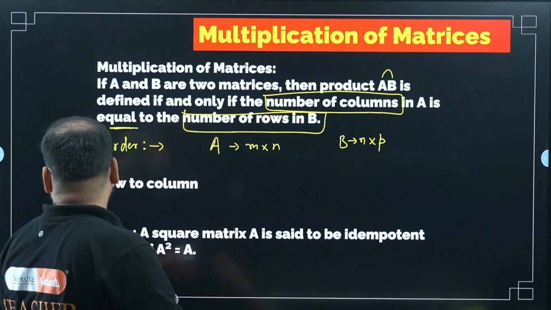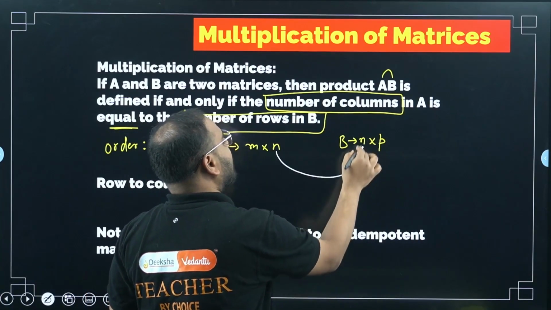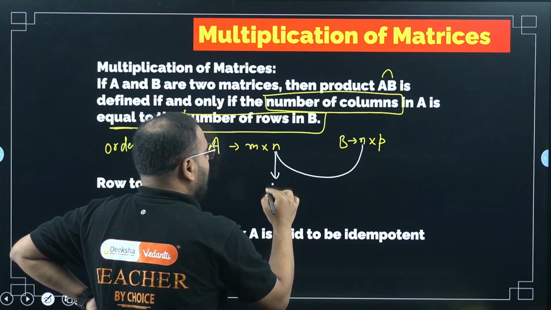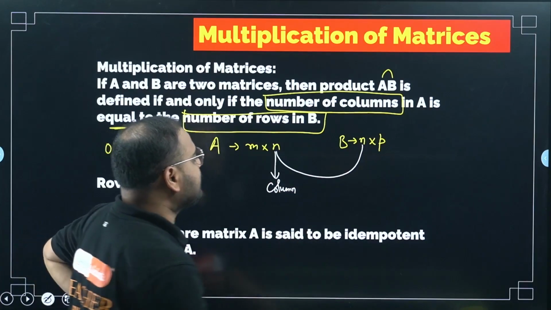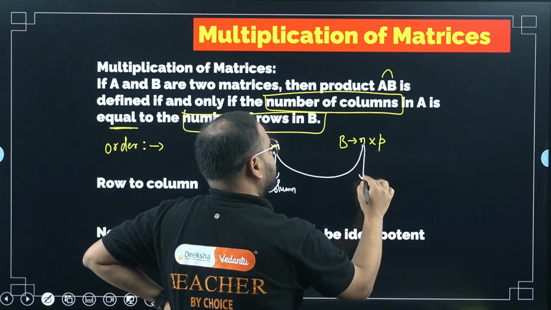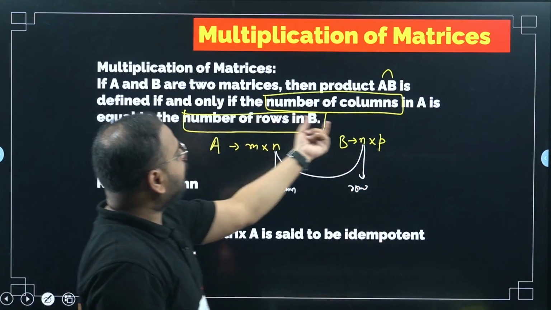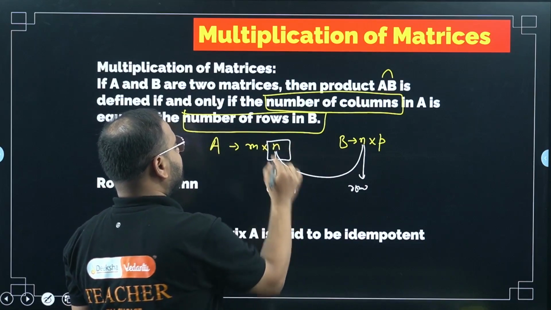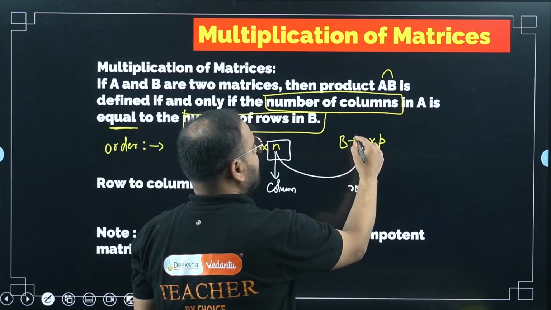Whenever this condition is satisfied, check here: n represents the column, and this represents the row. The number of columns in A is n, which is equal to the number of rows in B, which is also n.